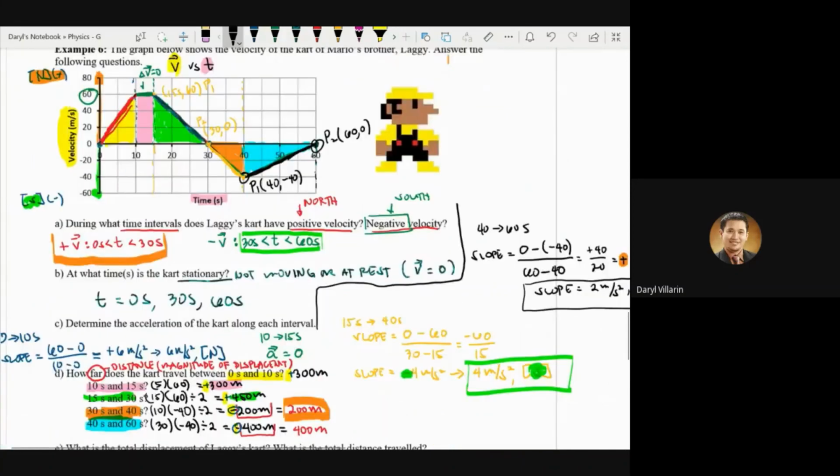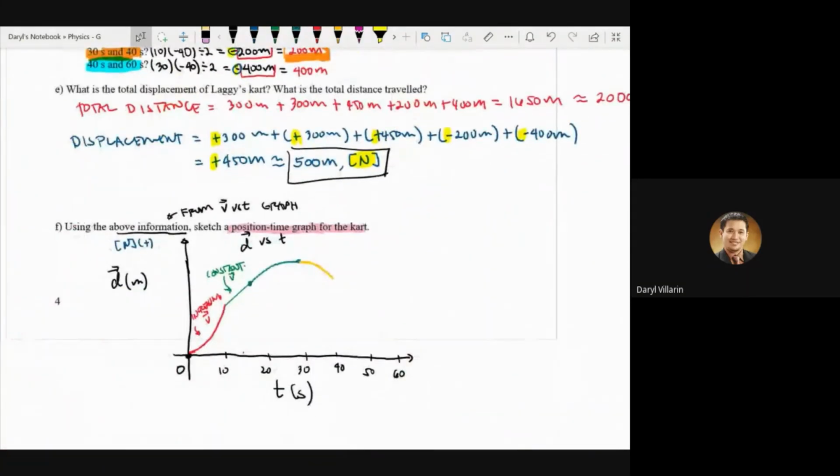If you're going to graph that in your position versus time, that means you need to create a particular curve that is decreasing in magnitude and in the opposite direction. Opposite direction meaning going south, but the line would be something like this. Okay, so until 60 seconds, it would be something like this.